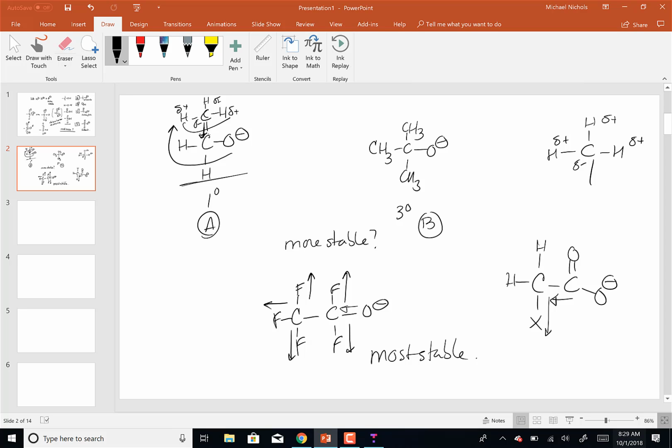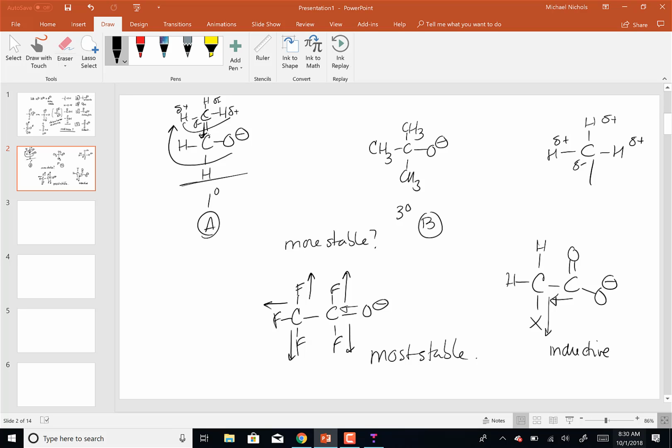So this is what we call an inductive effect. This is when you're pulling and pushing electron density by using electronegativity differences. To make the O- species more stable, you've got to suck the electron density away from the negative charge and spread it out. And here we're spreading it out into the halogen through electronegativity effects.